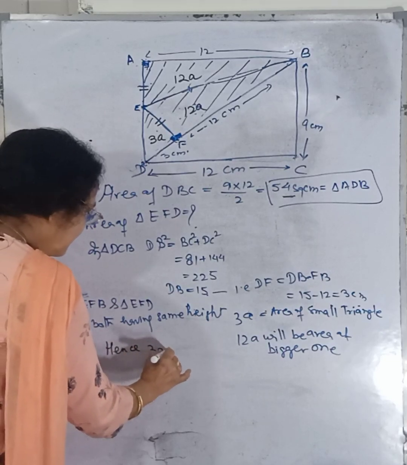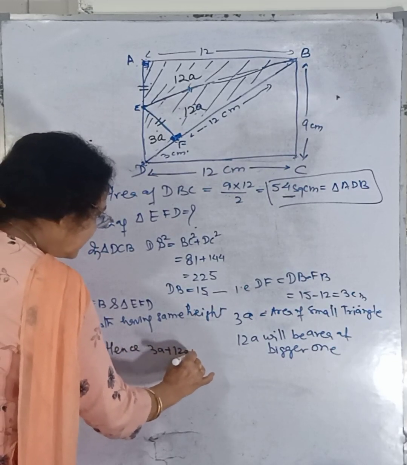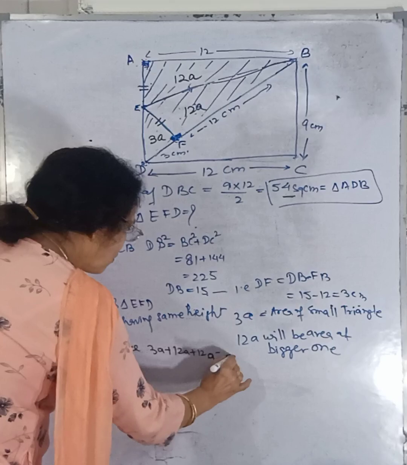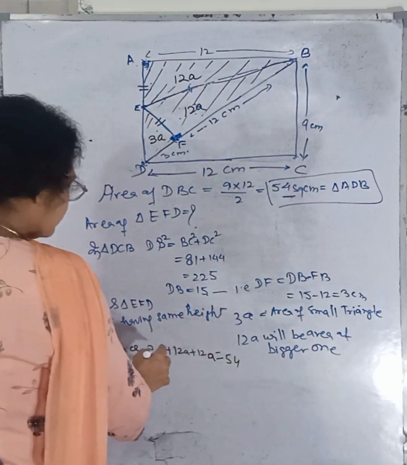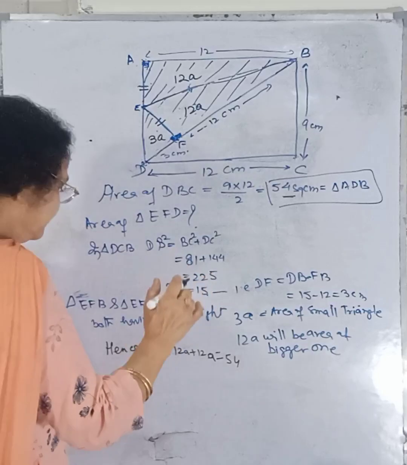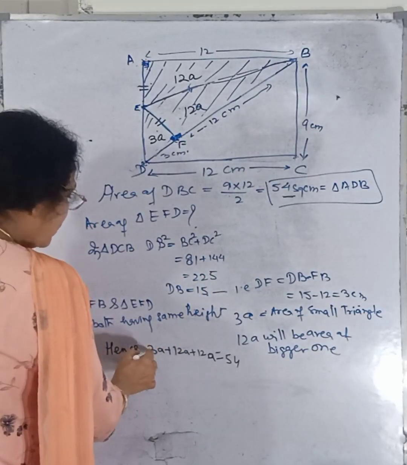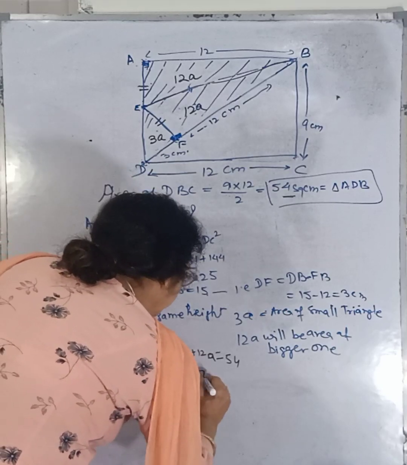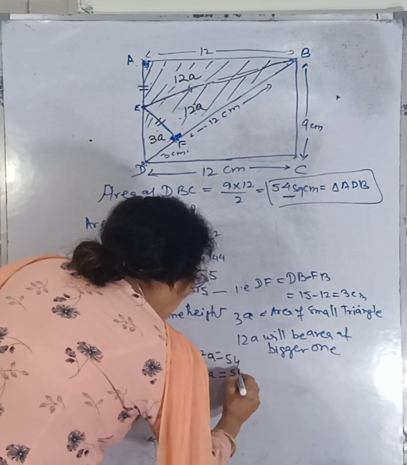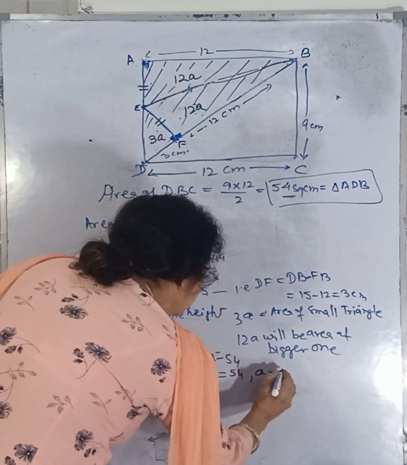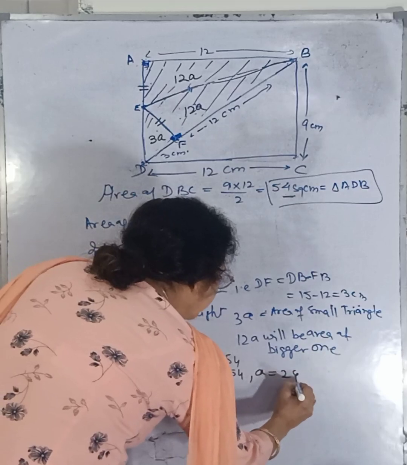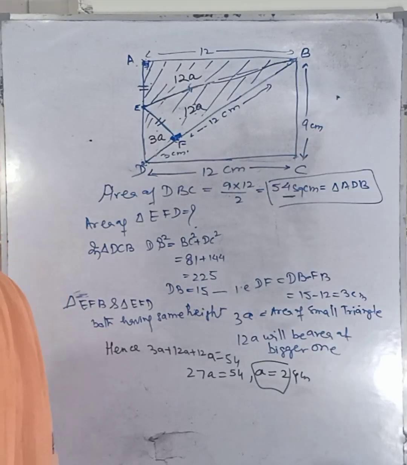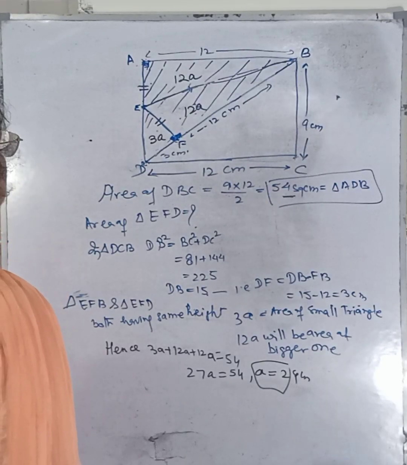From here we get the value of A. 27A is equal to 54, so A is equal to 2 square centimeter.